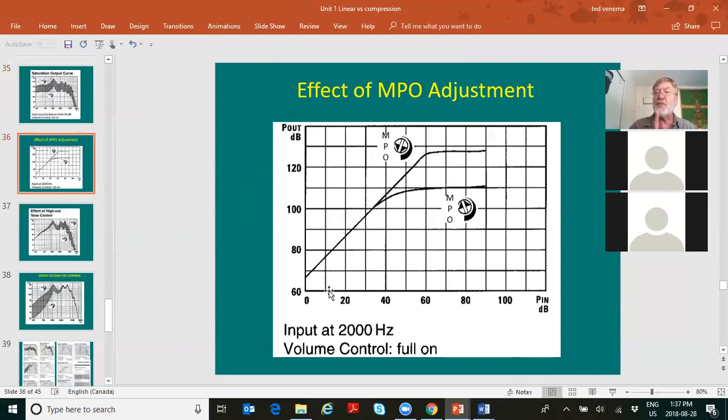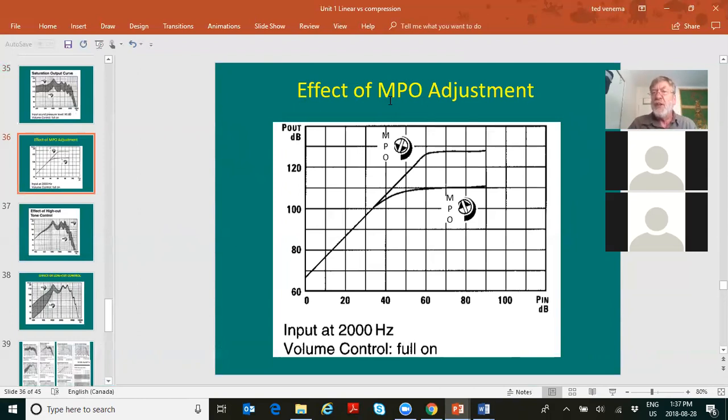And let's follow this line really carefully, because changing the maximum power output doesn't do anything for soft inputs, because the hearing aid isn't going to reach its maximum power output unless you've got a high input. Remember, input plus gain is output. So you're never going to reach your maximum power output, even with the volume cranked up full blast to give you maximum gain.